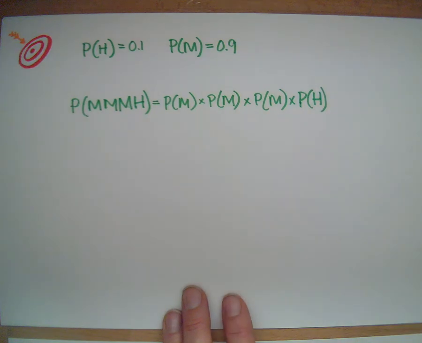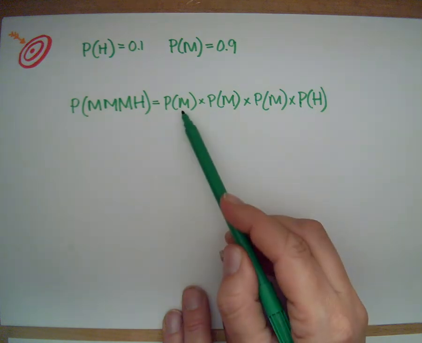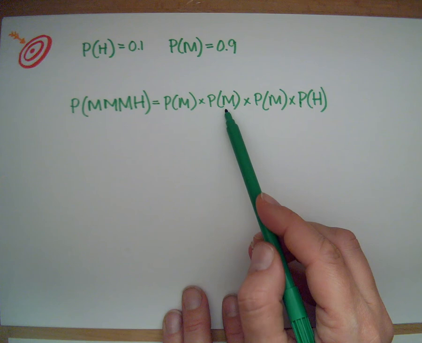These events, these 4 attempts, are independent, right? Think about that for a minute. Whether I miss the first one or not, on my second attempt, my chances are still the same, right? The dartboard's no different.